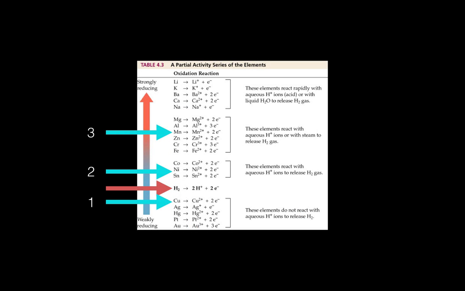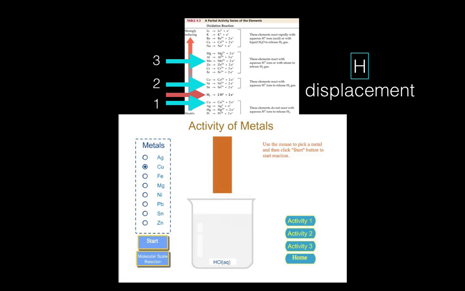All right, now for the next particular demonstration, I want to show you the hydrogen displacement. So what we're going to do, the animation is going to put in manganese, Mn, and nickel and copper in a solution of hydrogen ions, and we want to see which will react. Okay, so here's copper. Now notice where copper is.